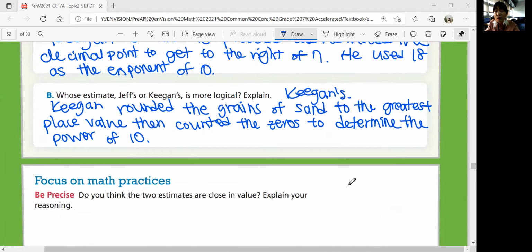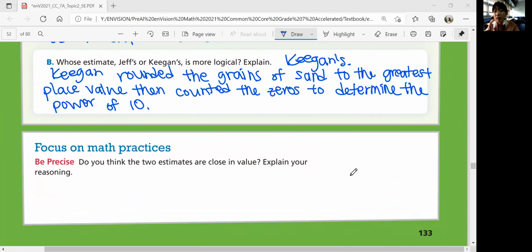If you divide 10 to the 18th by 10 to the 15th to determine how many times greater 10 to the 18th is than 10 to the 15th, you get 10 to the third. And Keegan's estimate is 1,000 times greater than Jeff's. That is not close. Let's write that down.